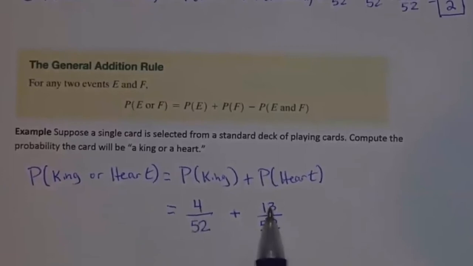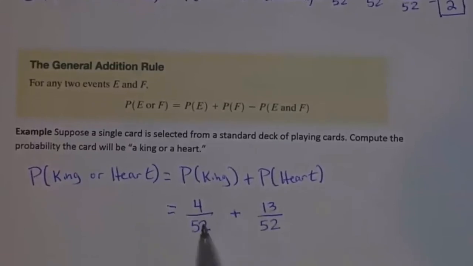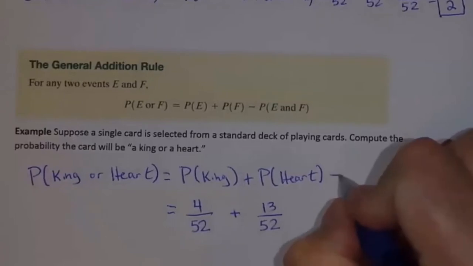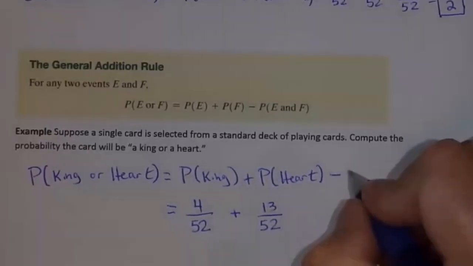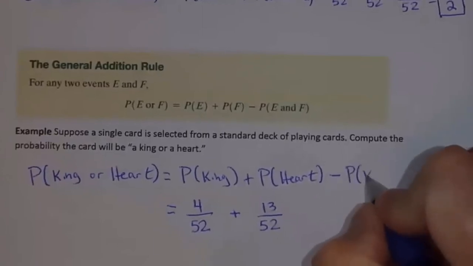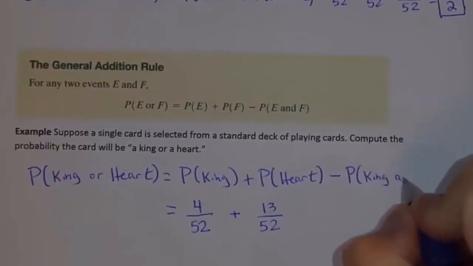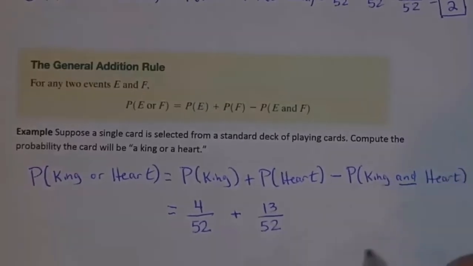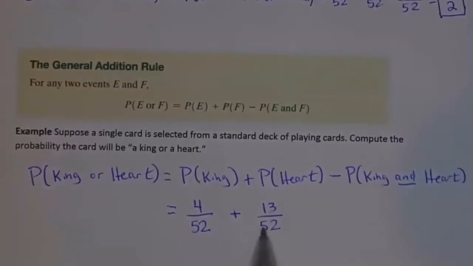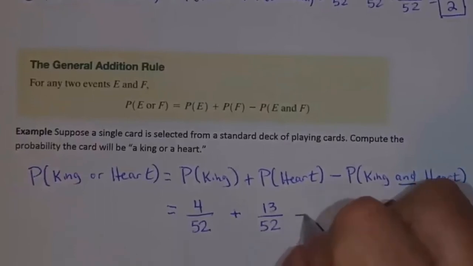The king of hearts is also included in these 13 hearts. So the king of hearts is being counted in both of these probabilities. So because of that, we have to subtract off one of them so that we don't have a double count. So we're going to subtract away the probability of being a king and a heart at the same time. So again, we're doing that so that we're not double counting.